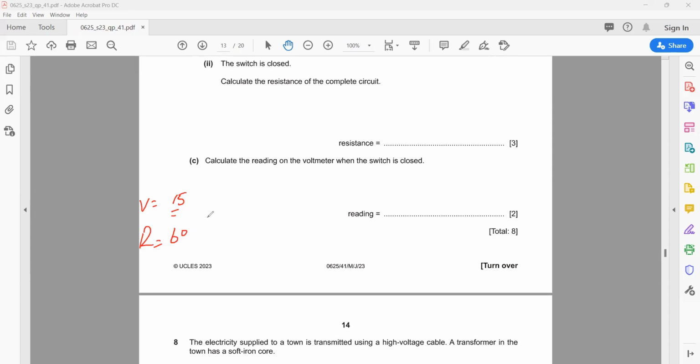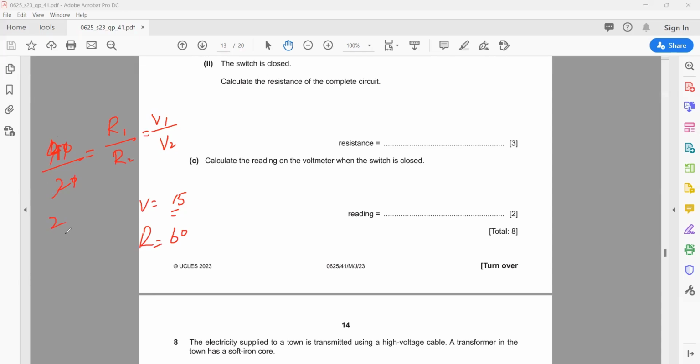So you can say R1 over the total R will be equal to V1 over the total V. Here R1 is 40 and here R2 is 20. So what is the ratio I have?